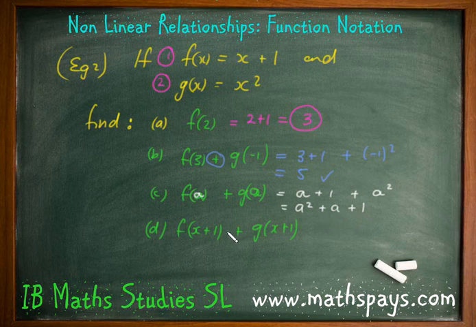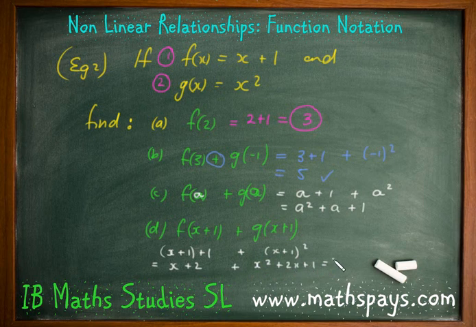The next one certainly is a bit harder. We're subbing in an x plus 1 into both of those. So f of x plus 1 means I'm putting in x plus 1, and I've got a plus sign, and I'm doing g of x plus 1, so I'm going to put x plus 1 squared. Now you can see I can simplify a little bit. I can expand these brackets: x squared plus 2x plus 1.